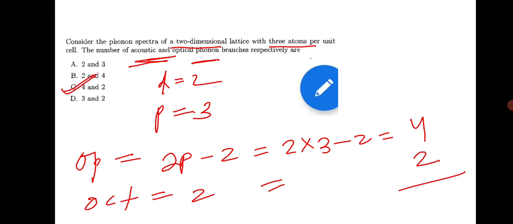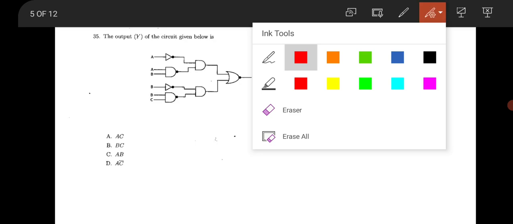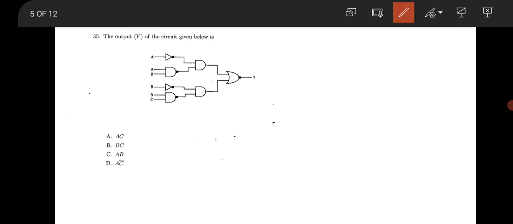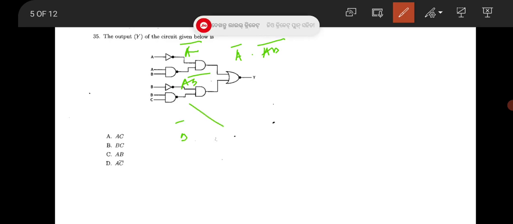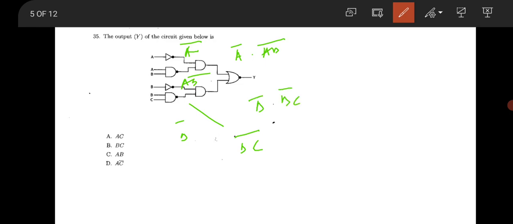Okay. So next is from digital electronics. It is very easy. You can calculate: this will be a NOT gate, so it is A bar. Then this will be A B bar whole bar, then A bar into A B bar whole bar. Then it will be B bar, and this output will be B C whole bar. So it will be B bar into B C whole bar. Then it will be a NOR gate. So it will be A bar, A B bar plus B bar, B C bar, whole bar.